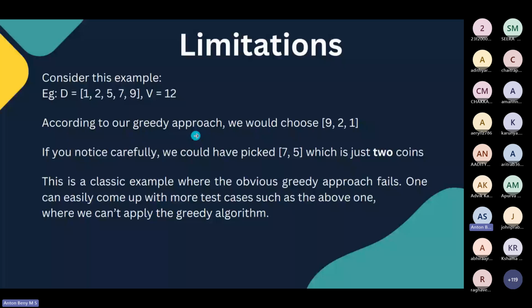So now you will choose the coin 3, and then you would choose coin 1. So that is 6, 3, 1. However, you could have chosen 5, 5. That is just 2 coins if you notice. And as I mentioned, there are infinitely many of each coin. So that is pretty much similar to this case, which is why that particular case fails in the greedy approach. I hope that's clear.